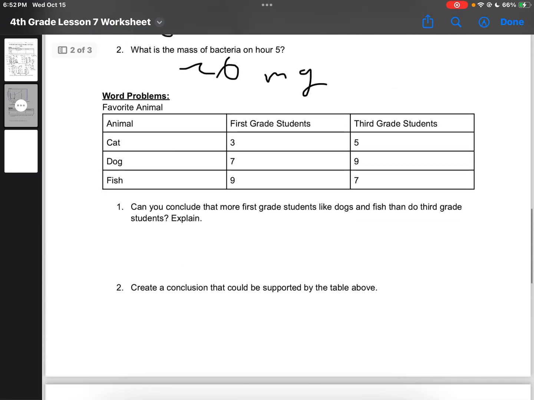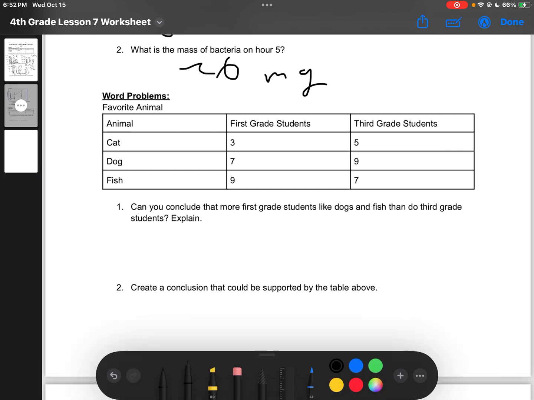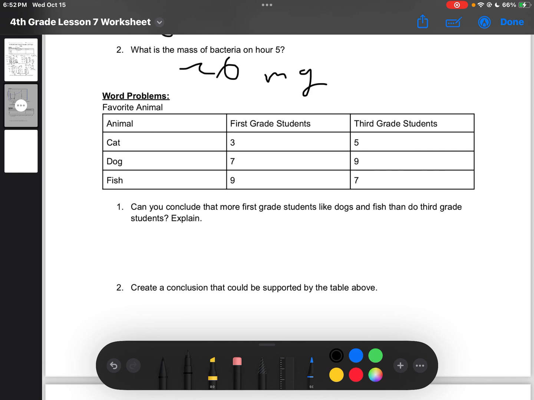Next, word problems. Number 1, can you conclude that more first grade students like dogs and fish than do third grade students? Explain. Can we? Let's see. For first grade students, we have dog and fish. We have 16 in total. And third grade, we have 16 in total.